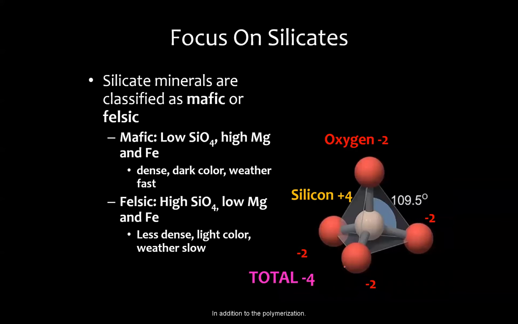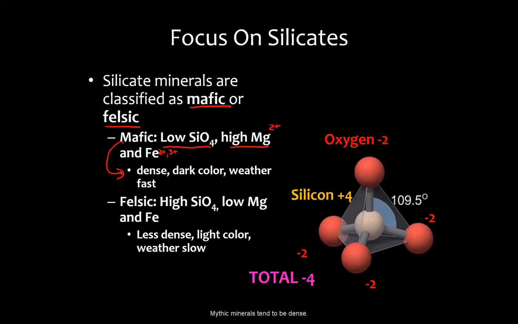In addition to the polymerization state, we can classify minerals as either mafic or felsic. So here are some new vocab words for you. Mafic minerals are those that have relatively few silicate tetrahedra, and they have more metals in response, high magnesium and iron, sometimes 2+, sometimes 3+.